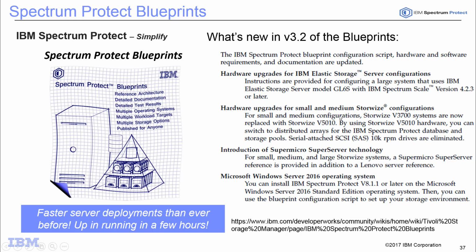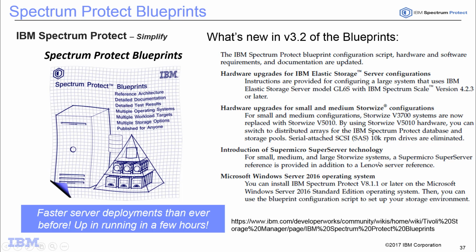We also have hardware upgrades for the small and medium Storwize servers, where the V3700 systems are now replaced with the Storwize V5010. We also have the introduction of Supermicro SuperServer technology for small, medium, and large Storwize systems. And a Supermicro SuperServer reference is being provided in addition to a Lenovo server reference.